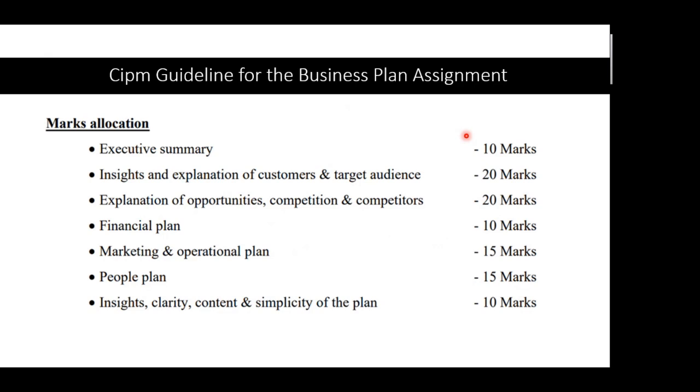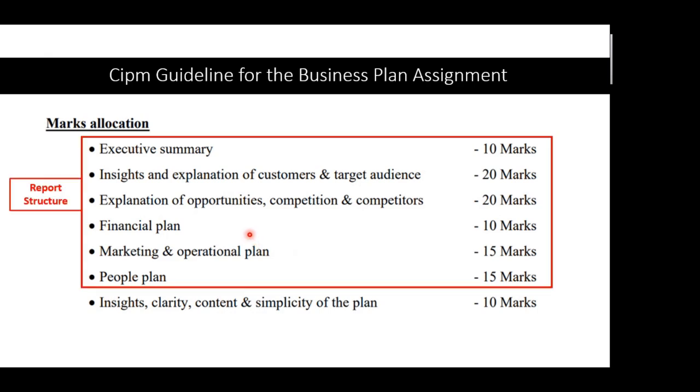Here I have to emphasize, if you carefully see the structure and the mark allocation, there are 7 points: 1, 2, 3, 4, 5, 6, 7. Out of these 7 points, the first 6 points belong to the structure of the report, and the report should be produced under these headings.